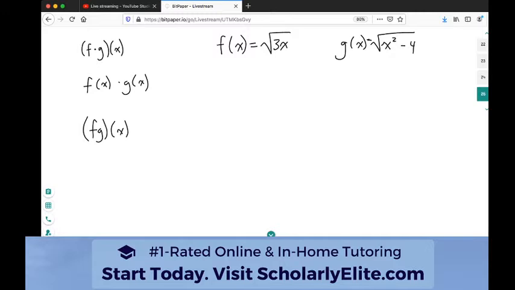So for a product function for this, if we had fg of x, it's going to be like this. Great. So one thing to remember is that when you multiply radicals like this, you can actually multiply the radicand, I think it's what it's called, the stuff that's inside the radical basically, just together.